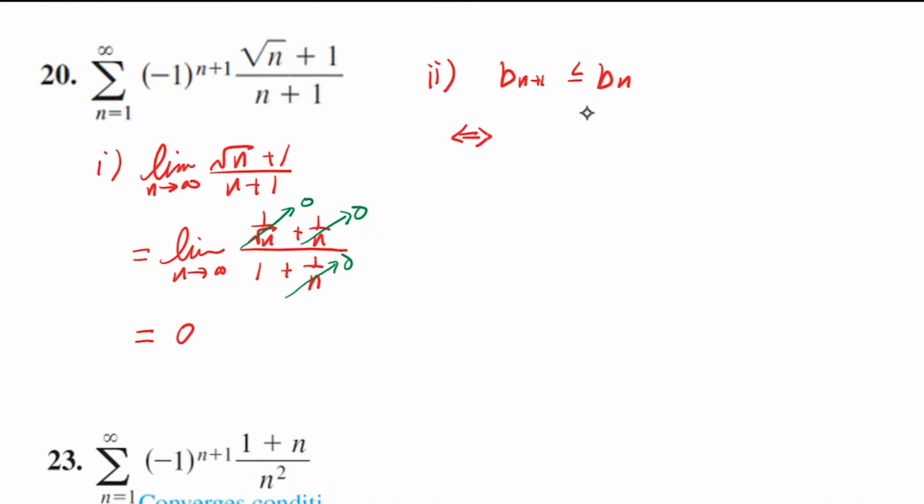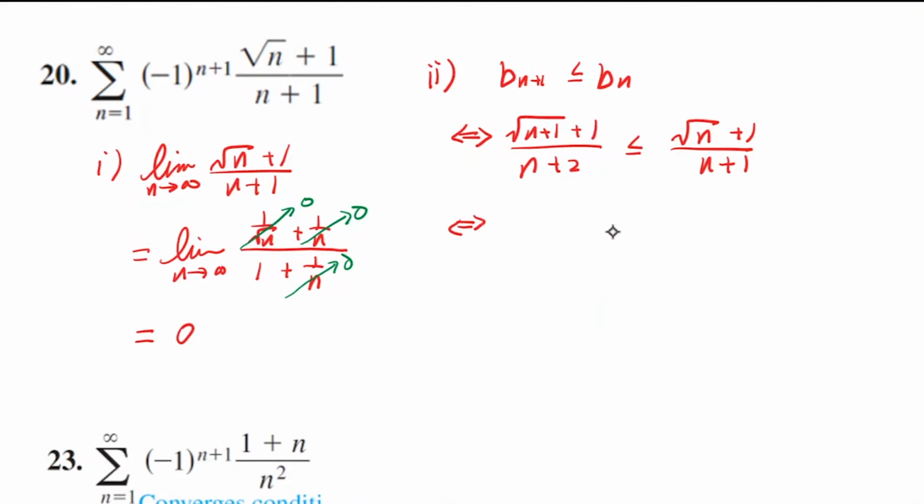So this is true only if we have square root. Oh, maybe now I see why I did it that way. This is less than or equal to square root n plus 1 and n plus 1. Well, we'll see, right? Multiply upward.